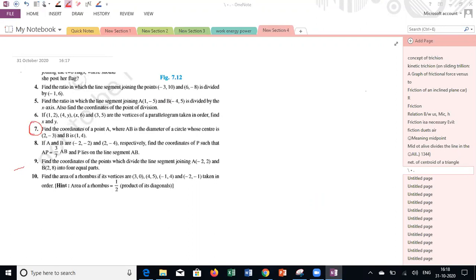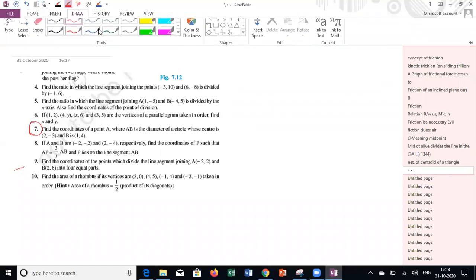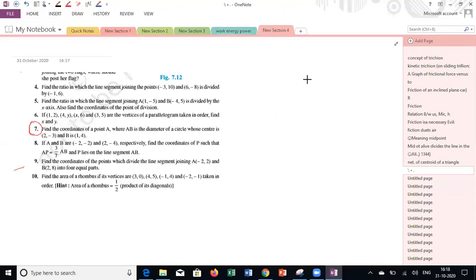Find the coordinates of a point A, where AB is the diameter of a circle whose center is (2, -3) and B is (1, 4). Yes, super. See, try to draw the diagram first for the given question. This is a circle. Then we can understand very easily how to solve the question in coordinate geometry.